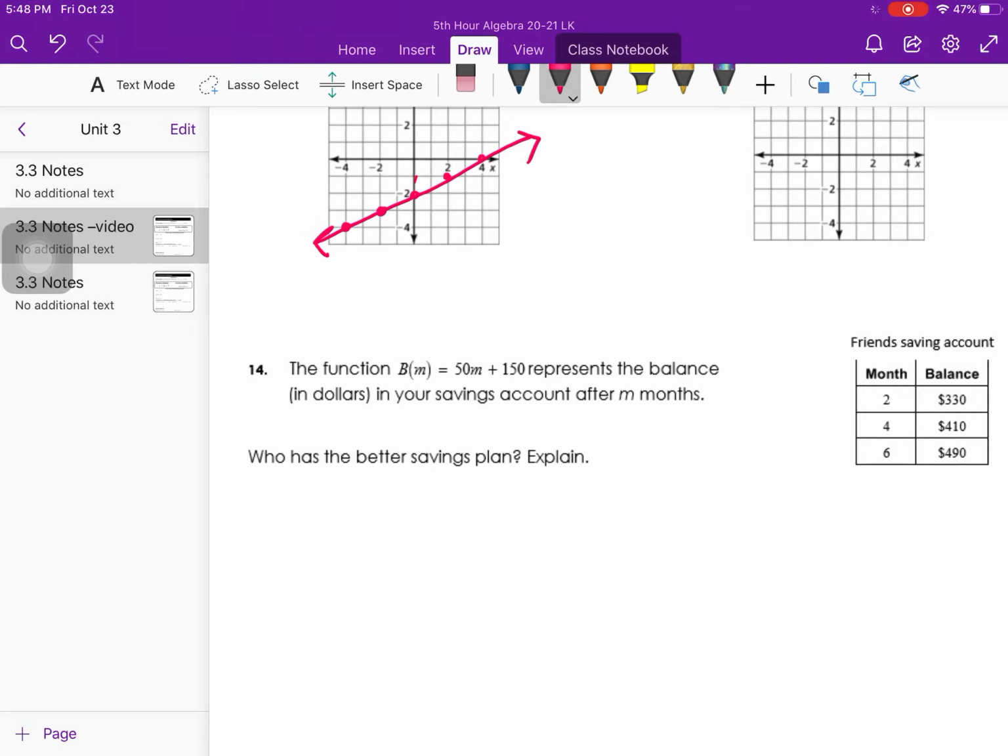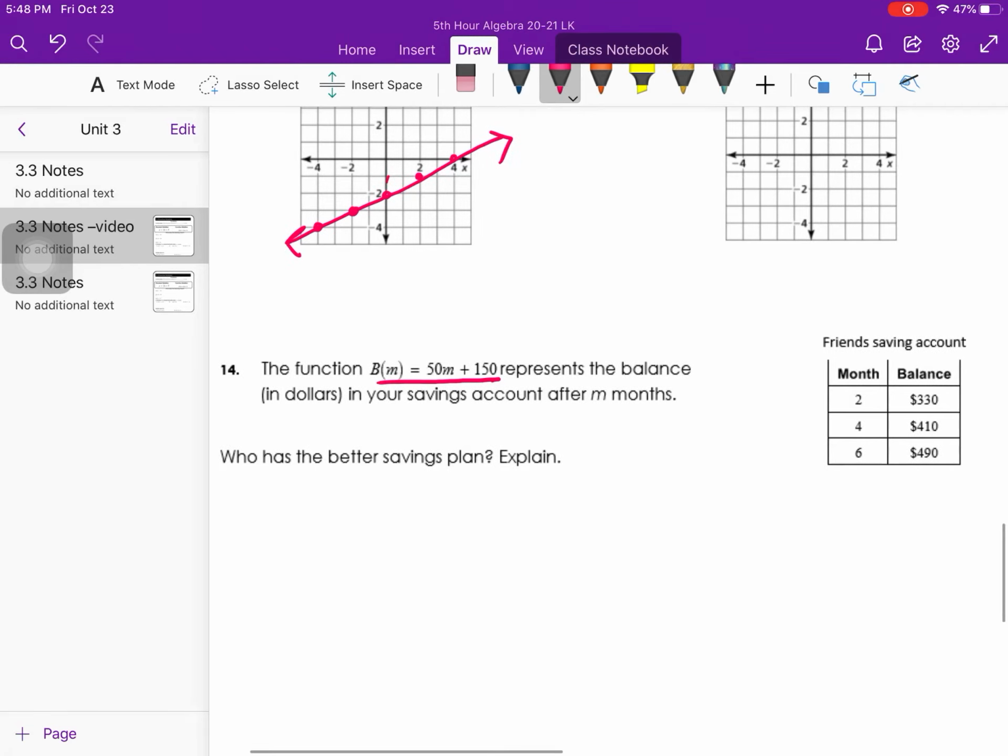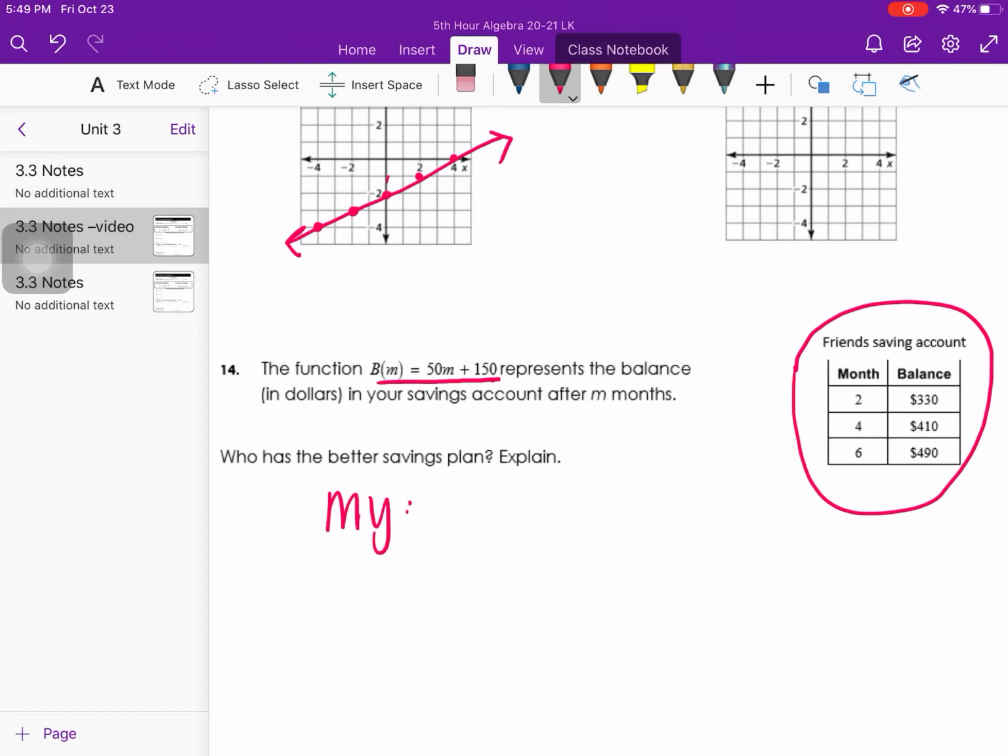And on number 14, we're going to look and decide, we're going to compare this function expressed like an equation and then compare this table. So I know that my account is expressed with this function.